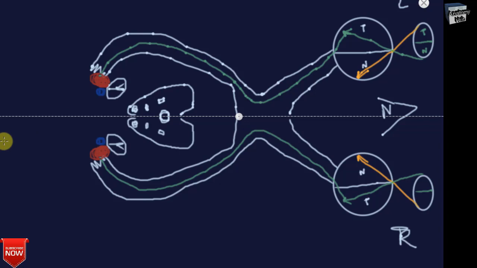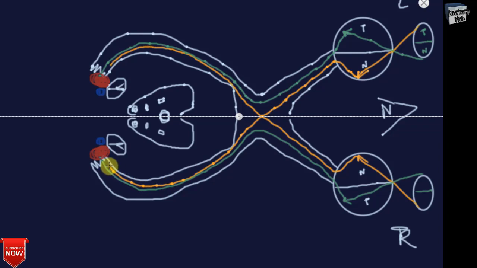Like that, if you consider the nasal optic fibers, they go towards the optic nerve, then they cross each other and go towards the opposite, contralateral side of the optic tract, and they relay over the geniculate body. Okay, clear?